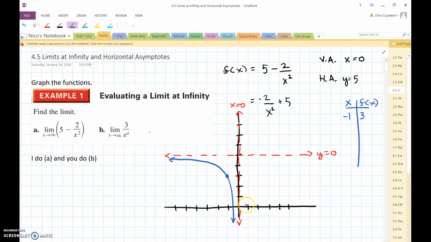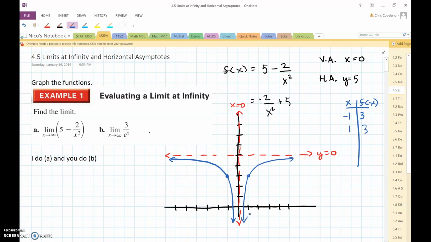Now let's pick an x coordinate to the right of the vertical asymptote. Let's try 1. If I plug 1 in, I'm going to get the same thing, 3 again. So it's going to look like this.